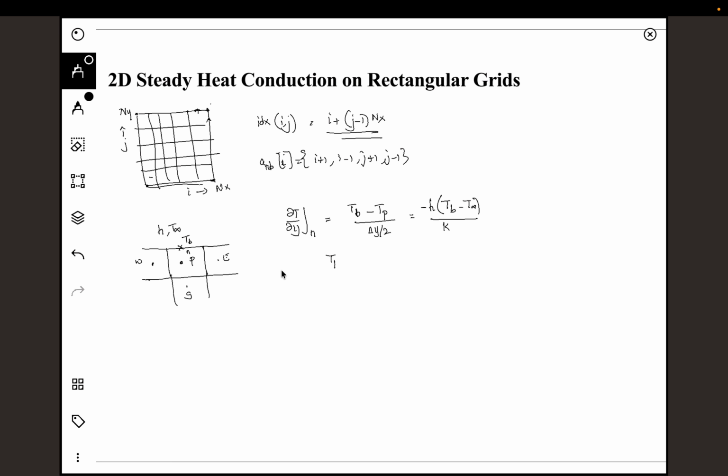So TB will have 2 by delta Y times K by h plus 1, times T infinity, and TP will have nothing, right? 2 K by delta Y times h. Yes.